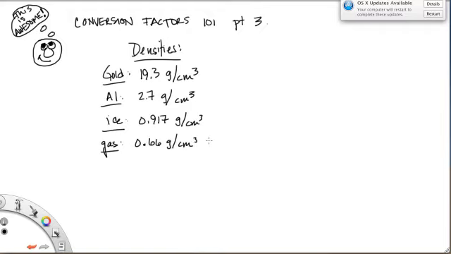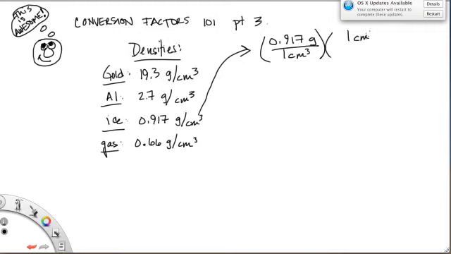So we can use any of these densities as a conversion factor, believe it or not. Let's say we take ice. I can write the density of ice as 2 conversion factors. I can write it as 0.917 grams in 1 centimeter cubed, or in 1 centimeter cubed, I have 0.917 grams.